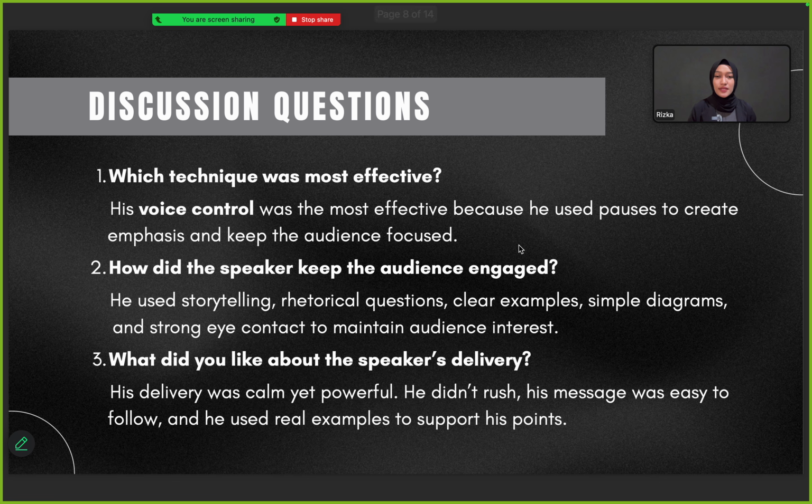For number 1, which technique was the most effective? His voice control was the most effective because he used pauses to create emphasis and keep the audience focused. Number 2, how did the speaker keep the audience engaged?